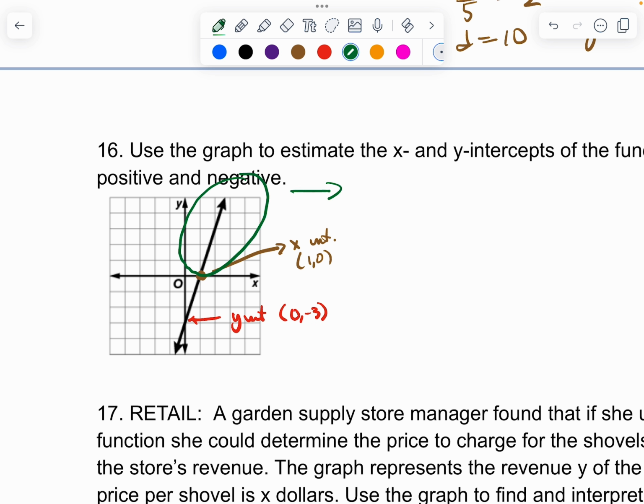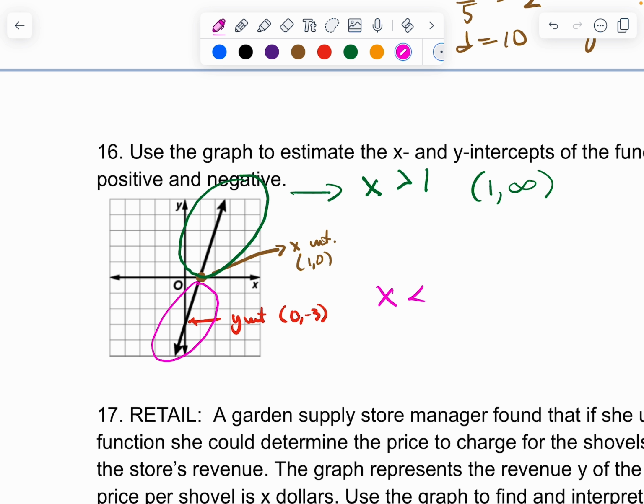So that means when x is greater than 1, so that's going to be 1 to positive infinity. And then down here, this part, when x is less than 1, so from negative infinity to 1.